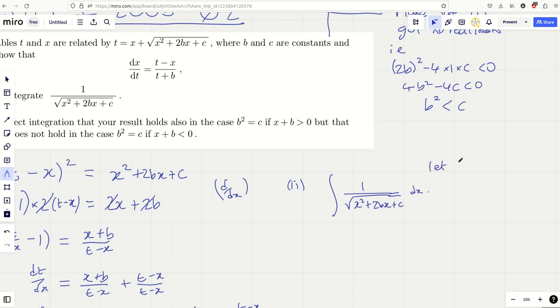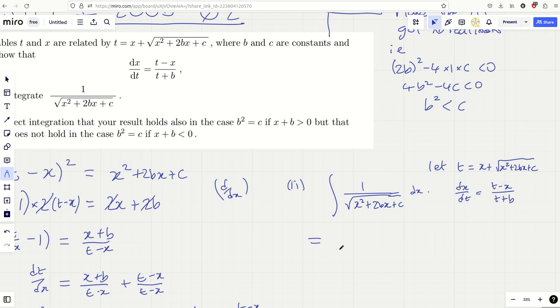So let t equal x plus root x squared plus 2bx plus c, and this is definitely not the only way to do it. I bet there are loads of equivalent methods. Then dt by dx, well, we'll just write dx by dt because we already know. dx by dt is t minus x over t plus b.